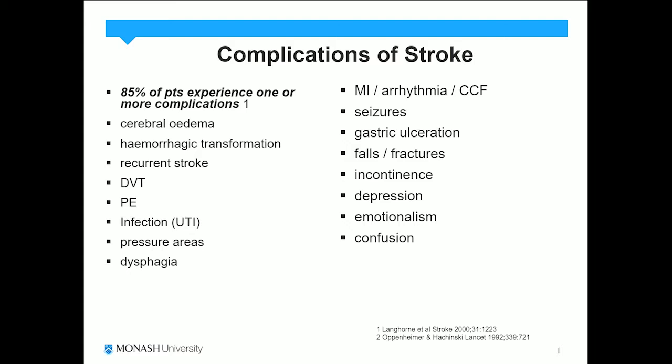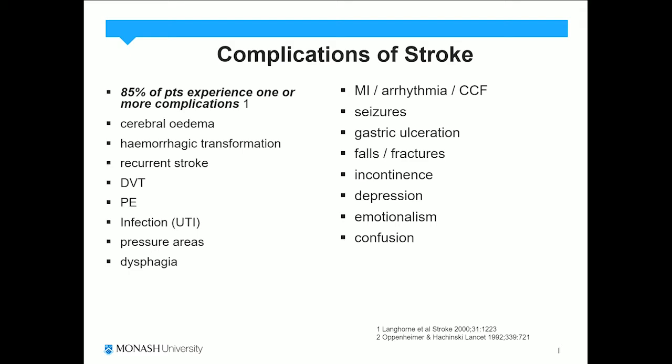So when we look at complications of stroke, about 85% of patients will experience one or more of these complications, and this could include cerebral edema, hemorrhagic transformation, recurrent stroke, deep vein thrombosis, pulmonary embolism. They could have infection, especially urinary tract infection due to being immobile.